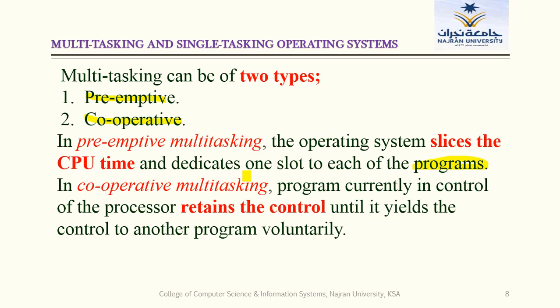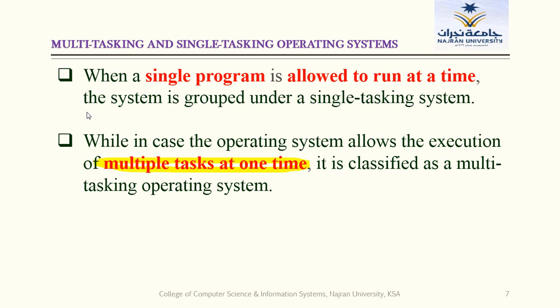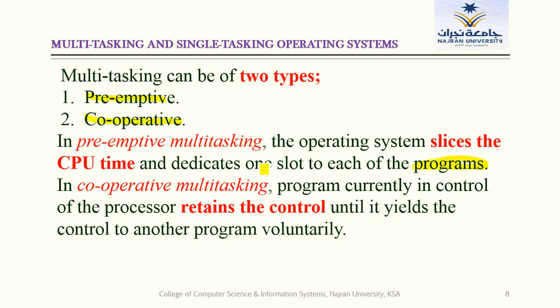If it voluntarily releases the processor, then it's okay, otherwise we are not able to take the control back. So in a single tasking operating system, only one program is allowed to run, but in a multitasking operating system, more than one program can execute at the same time. And we have seen two types of multitasking, preemptive and cooperative.